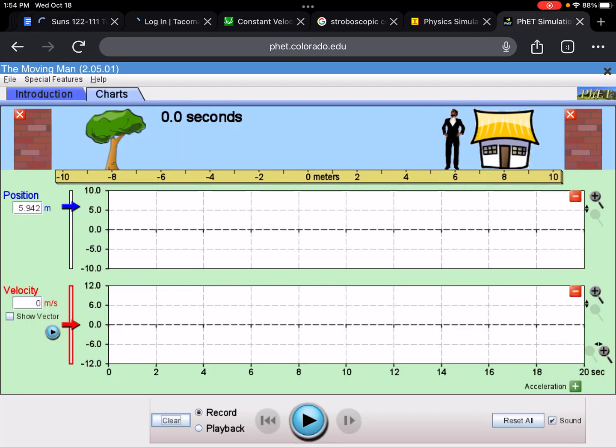So to create a graph that looks like that, play.